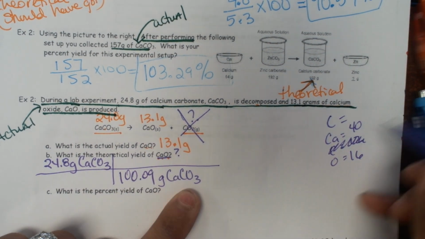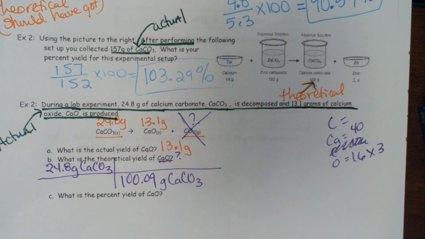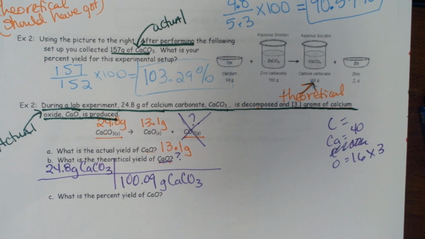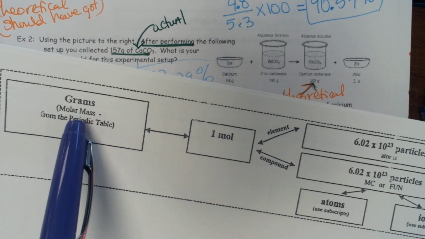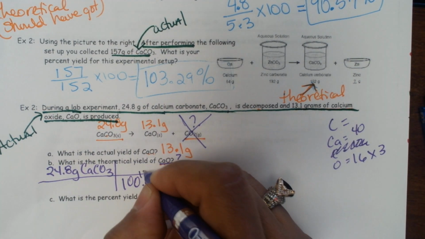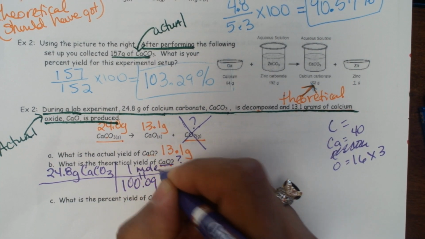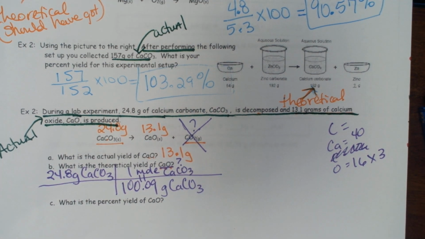I got 100.09, because I have 3 oxygens. From this, I know that the molar mass of anything equals 1 mole. So this equals 1 mole of CaCO3. Hopefully we all agree with that part.